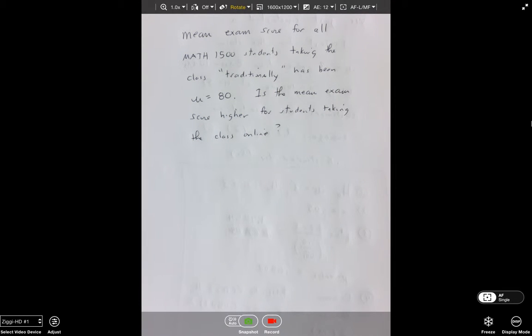Is the mean exam score higher for students taking the class online?